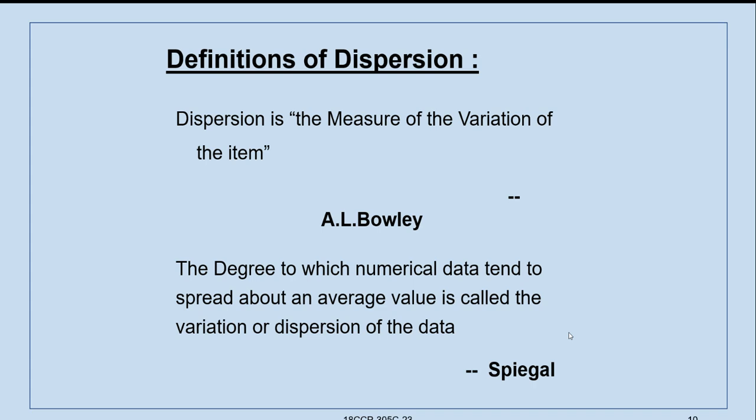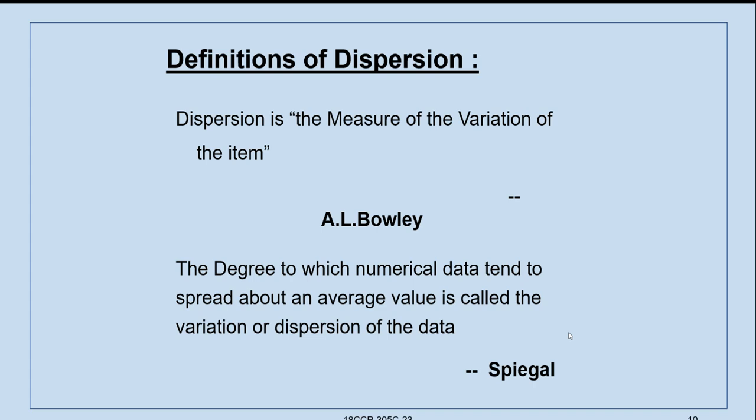For example, if the distribution is 0 to 10, 10 to 20, 20 to 30, 30 to 40, 40 to 50, the distribution is from 0 to 50. But the frequency may be different.